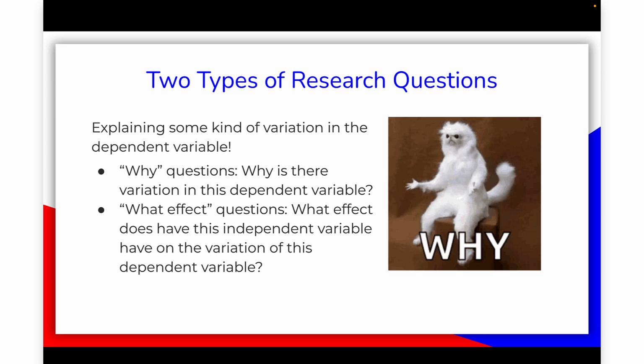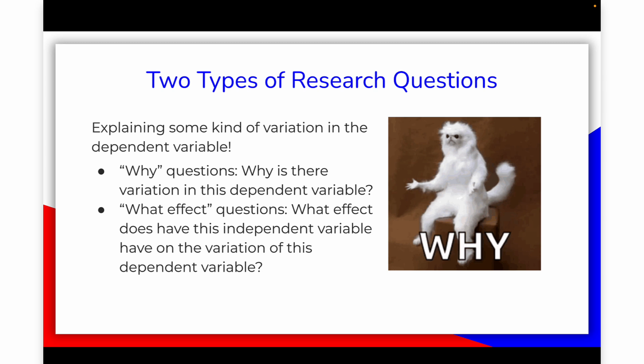Now, the difference between a why question and a what effect question is that the what effect question also includes the independent variable. So it's asking what effect does this independent variable have on the variation of this dependent variable? So for instance, what effect does income have on vote choice in 2012?